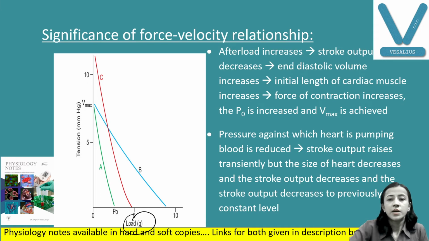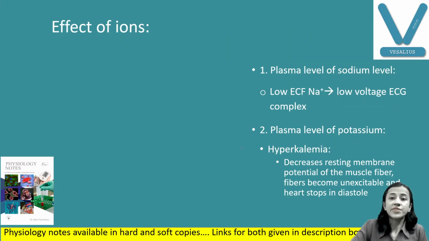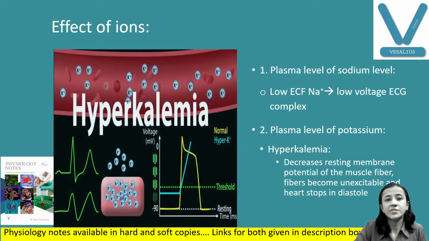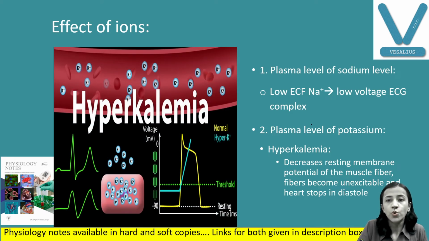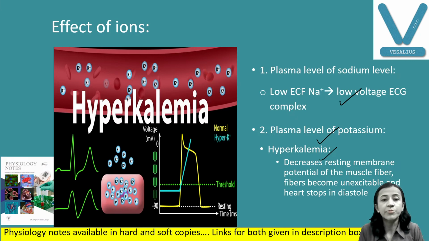Okay, now there are effects of various ions, sodium, potassium and calcium, that we will discuss. Sodium ions, when they are low, produce a low voltage ECG. And what is the effect of potassium level? Hyperkalemia results in a decrease in the resting membrane potential, so that the heart becomes unexcitable and stops in diastole.